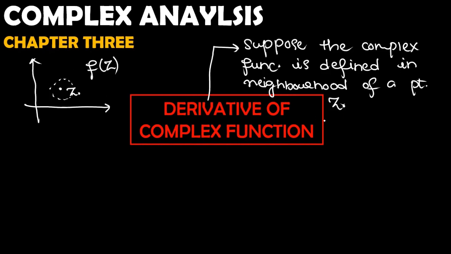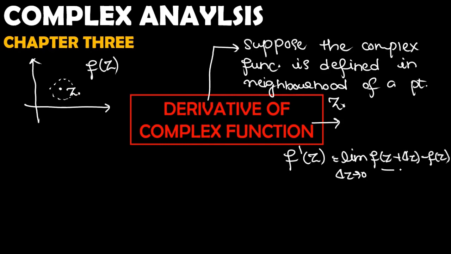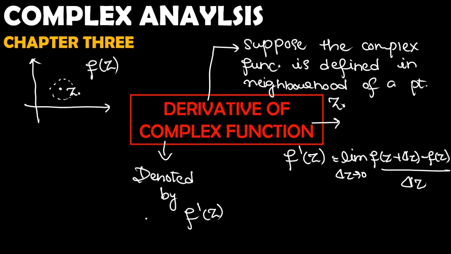If so, we can define f dash of z as the limit as delta z approaches 0 of f of z plus delta z minus f of z over delta z. Remember that the derivative of a complex function is denoted by f dash of z.